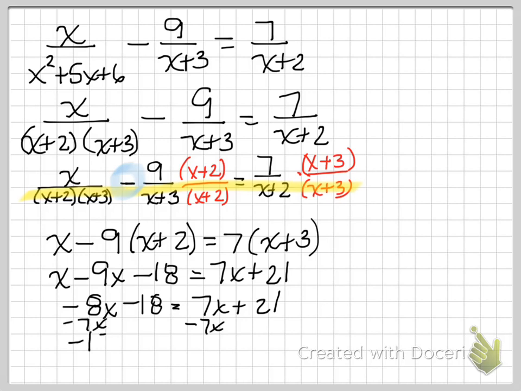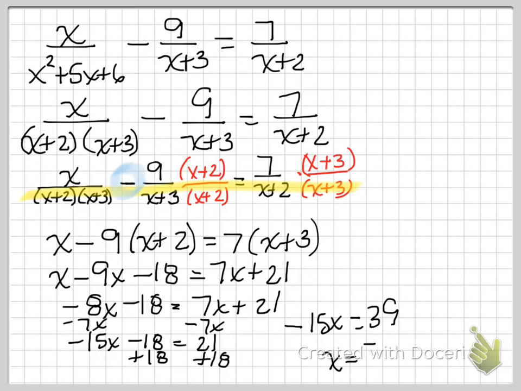And that gives me negative 15x minus 18 equals 21. Add 18. And now we have negative 15x equals 39, so x equals negative 39/15.